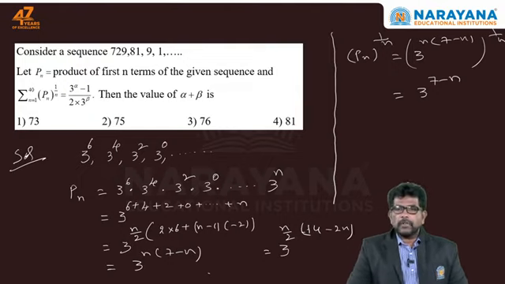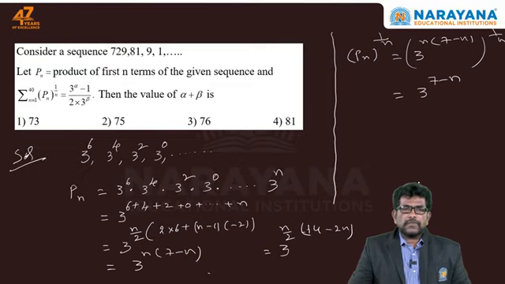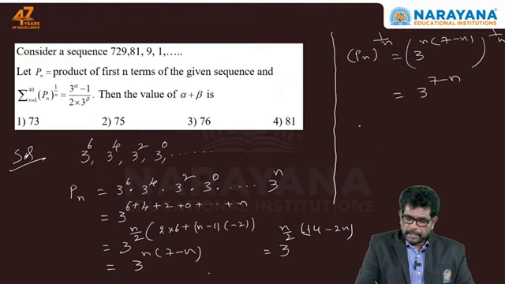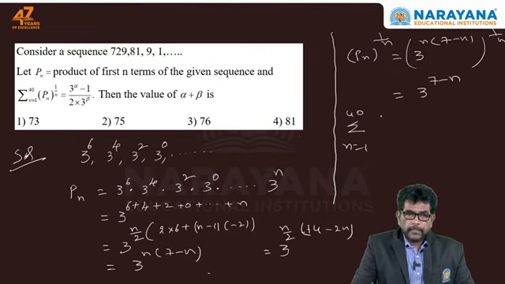This is Pn whole to the power of 1 by n. Now we want the sum of 40 terms in this series.